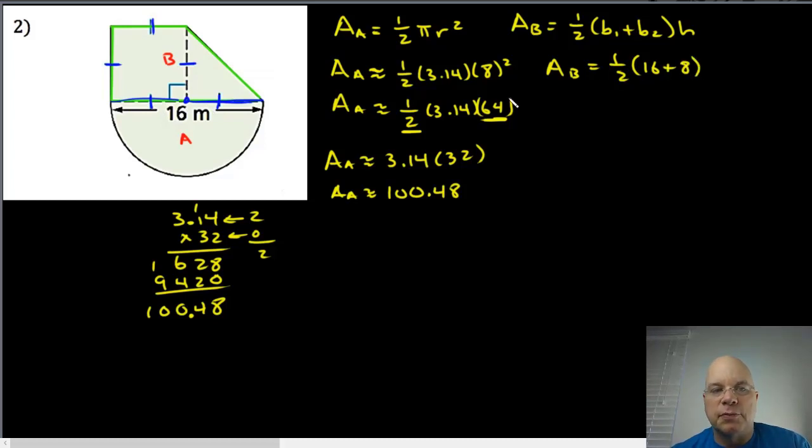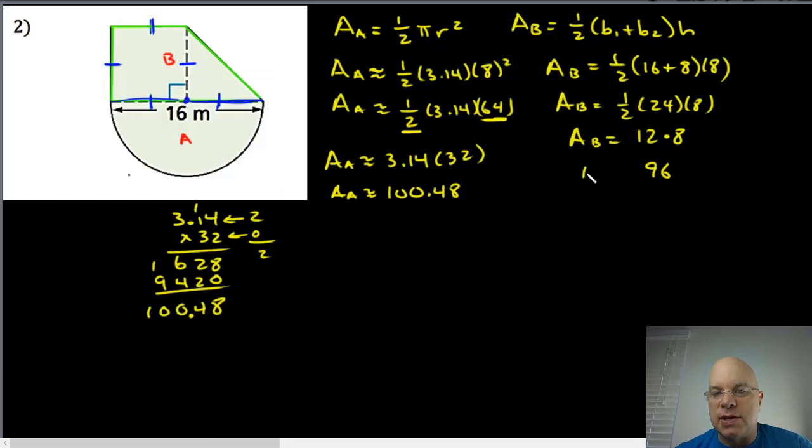So 16 plus 8 multiplied by the height of the trapezoid, which is the perpendicular distance between the bases, which is also 8. So I have area of region B is equal to half of 16 plus 8 is 24, multiplied by 8, half of 24 is 12, and 12 multiplied by 8 is 96. So the area of shape B is 96.